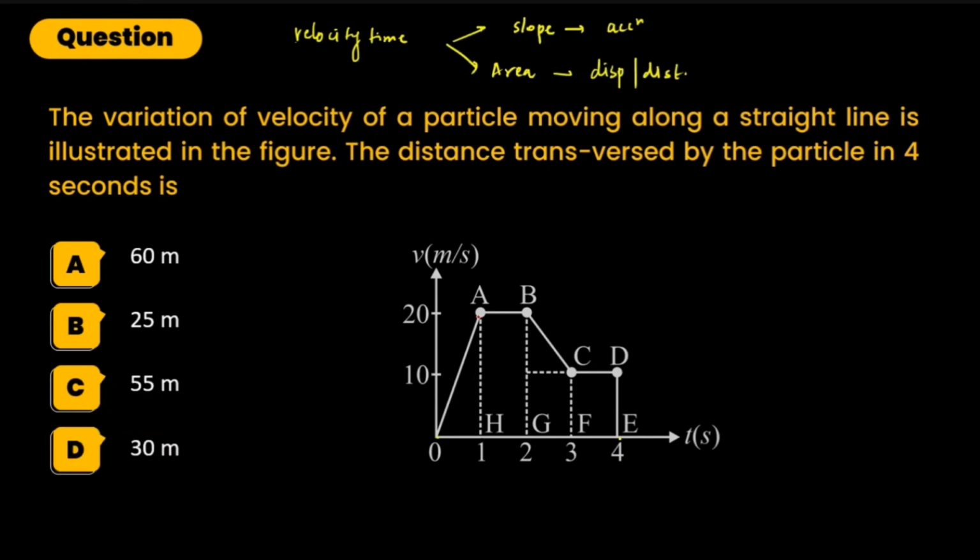So this OAH is a triangle. So what is the area of a triangle? Half times base times height. What is the area of a rectangle? Just length times width.